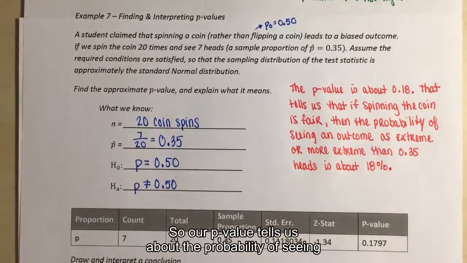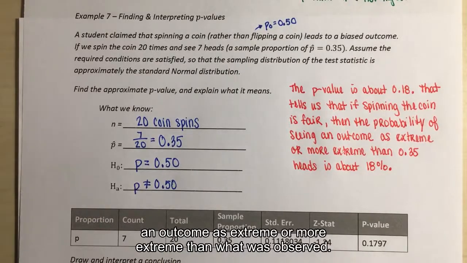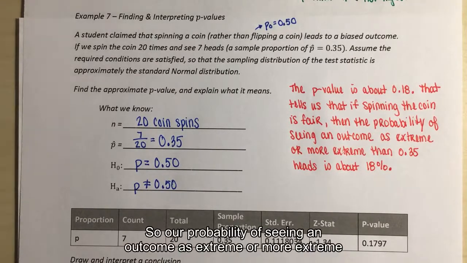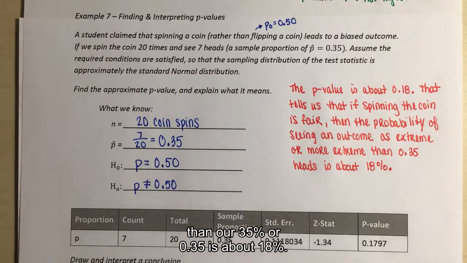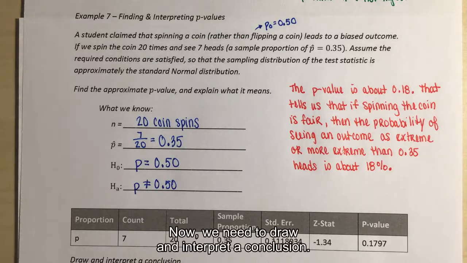Okay, so our p-value tells us about the probability of seeing an outcome as extreme or more extreme than what was observed. So our probability of seeing an outcome as extreme or more extreme than our 35% or 0.35 is about 18%. Now we need to draw and interpret a conclusion.